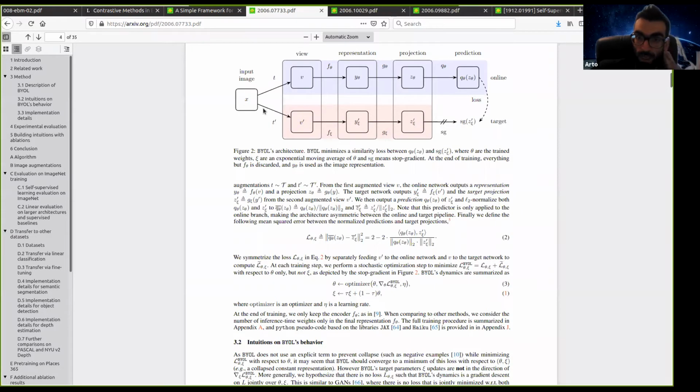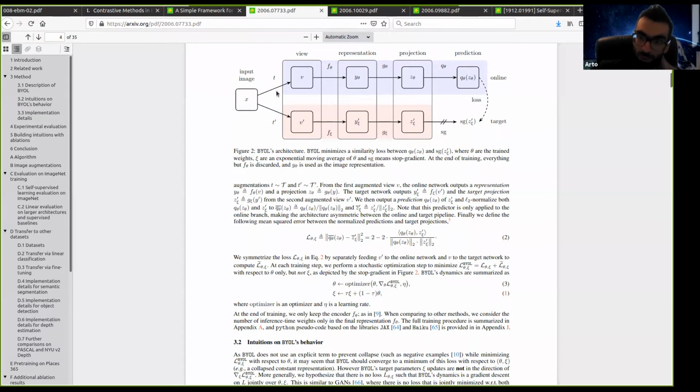So here we have this image, and we have two distinct models here, which are very similar. The difference is that this model has its weights updated exponentially. This is an online model, and this is an exponentially moving average weights model.